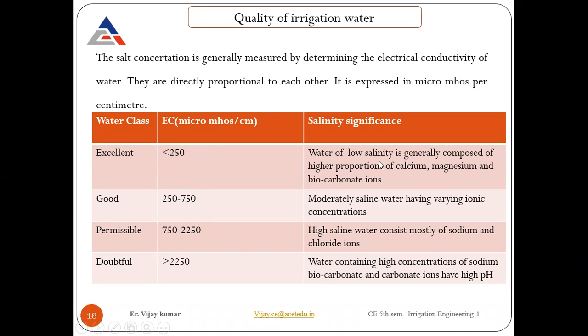It is good water that can be supplied for irrigation. Good is 250 to 750, moderately saline water with varying ionic concentrations. Then permissible, its range is 750 to 2250, high saline water consisting mostly of sodium and chloride ions.